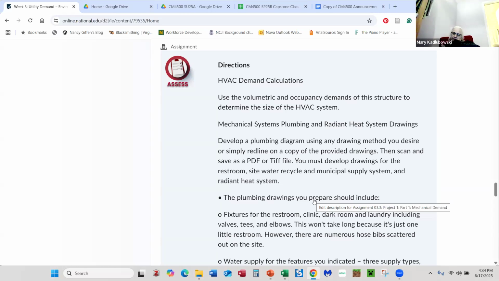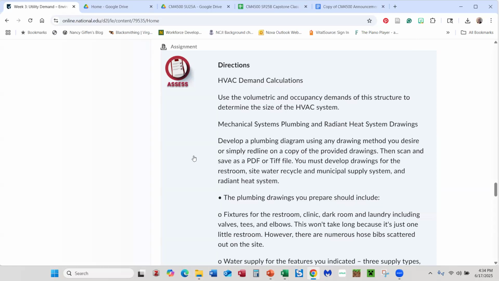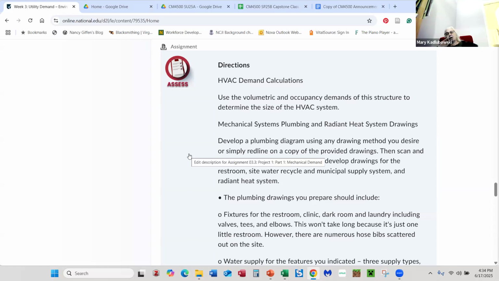Here's another idea. Why don't we run that sanitary sewer line to the biofuel generator? Yeah, that makes sense. I thought the biofuel generator was only for the manure from the animals.